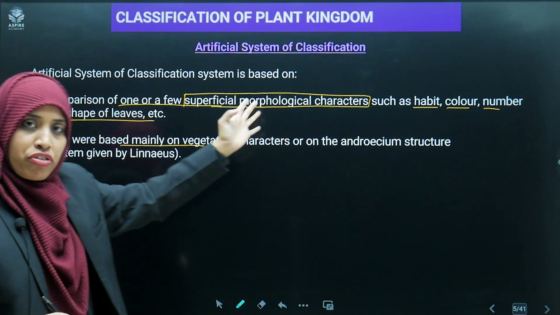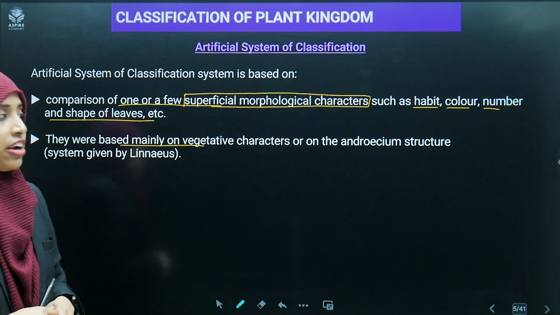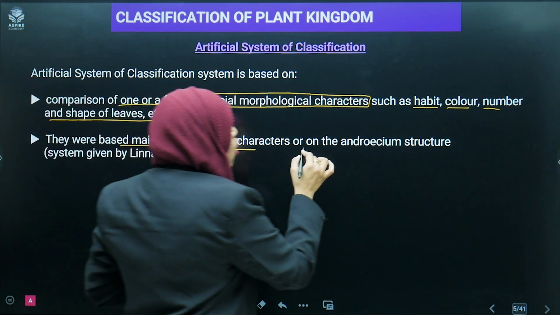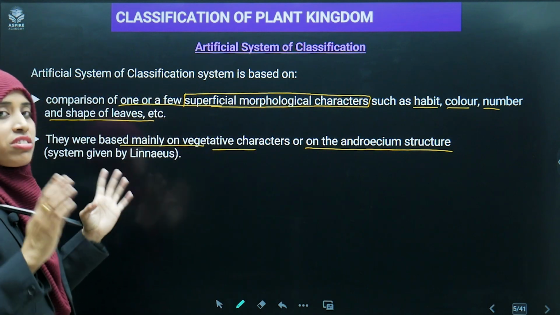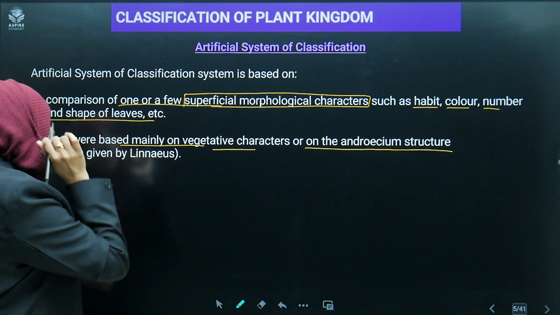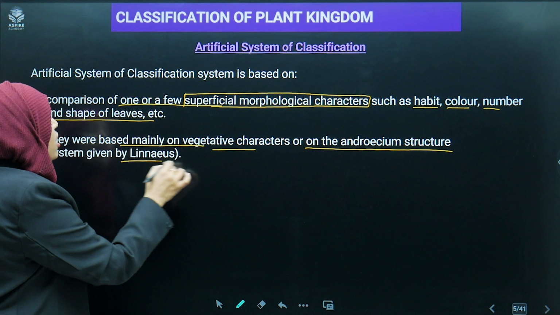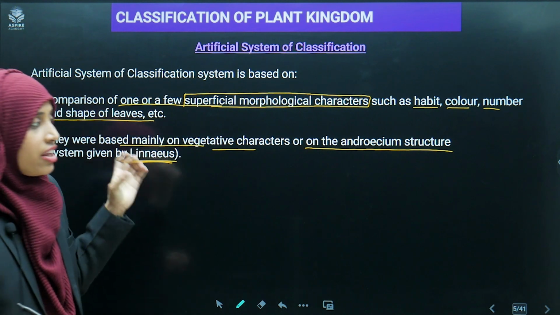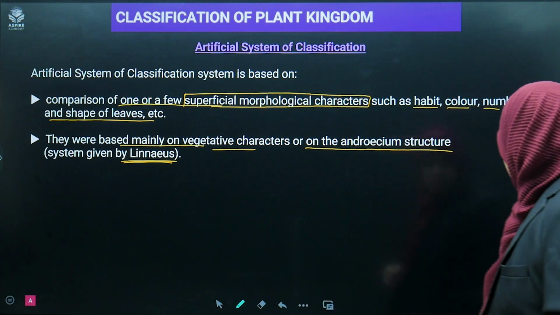The superficial morphological characters mentioned are mainly vegetative characters, or on the androecium structure, that means the structure of the stamens. On that basis it was mainly classified. The artificial system of classification in plants was given by Carl Linnaeus.